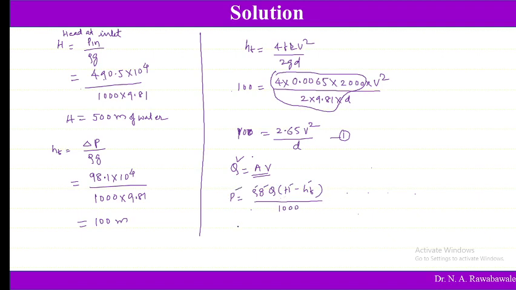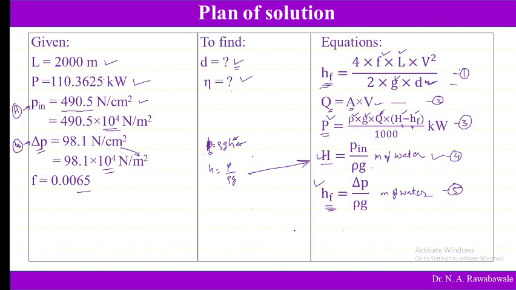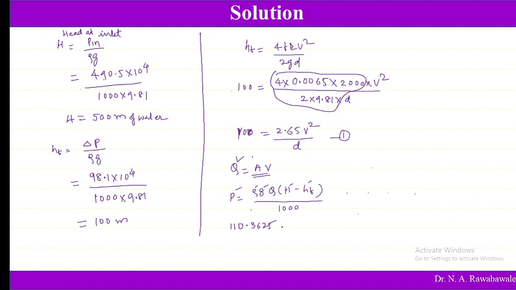Power is known to us, that is 110.3625, which is given in the problem. You can see here the power transmitted is 110.3625 kilowatt. So this power is substituted here.